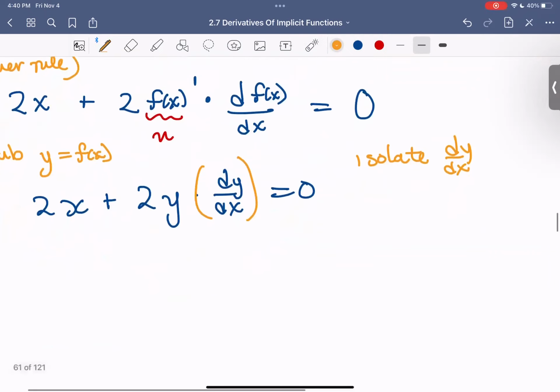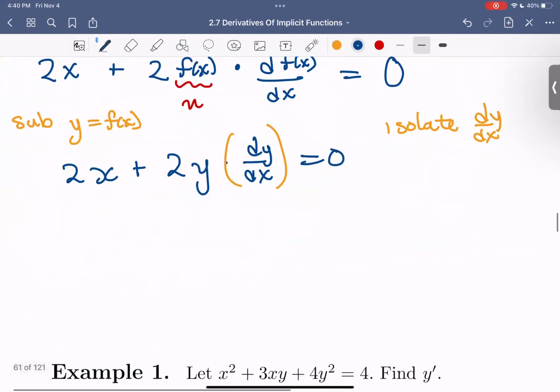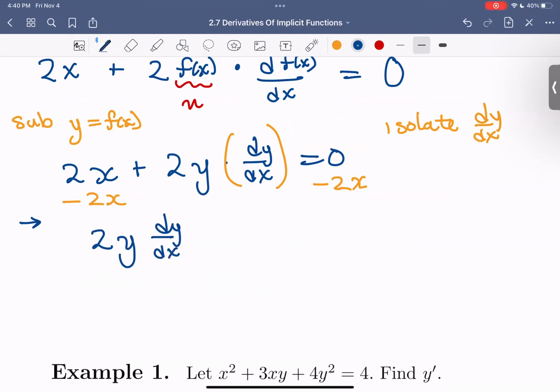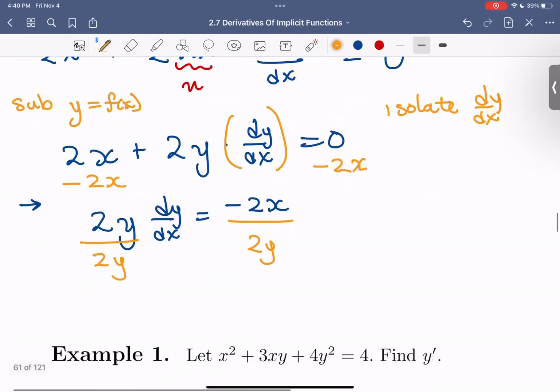We can do that with just a little bit of algebra. So what we're going to do is subtract 2x from both sides to try to get this dy dx by itself on one side. So now that first term goes away. So we're left with 2y dy dx equals negative 2x. And now we're going to divide both sides by 2y to cancel out that term multiplying dy dx on that left-hand side.